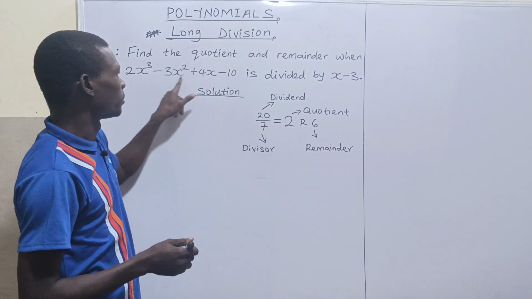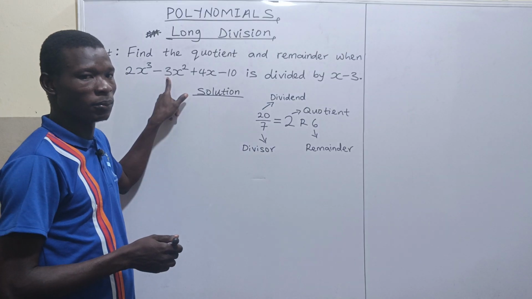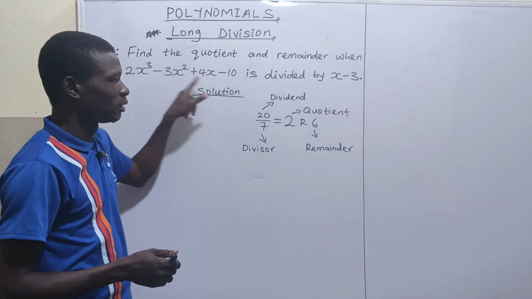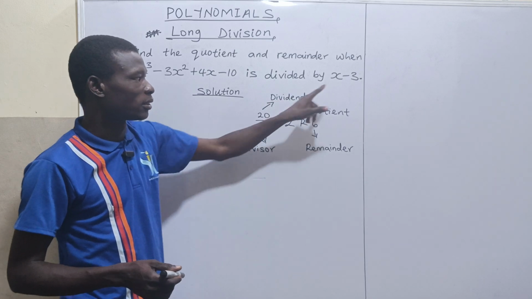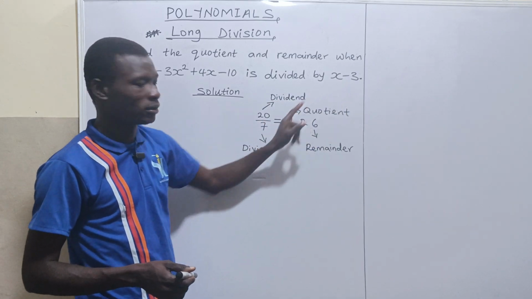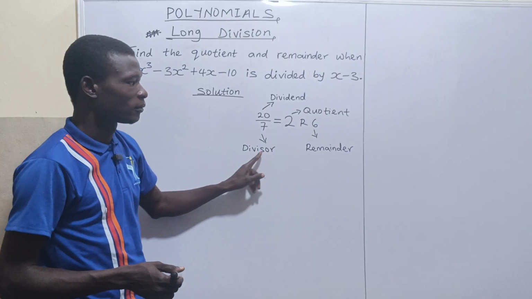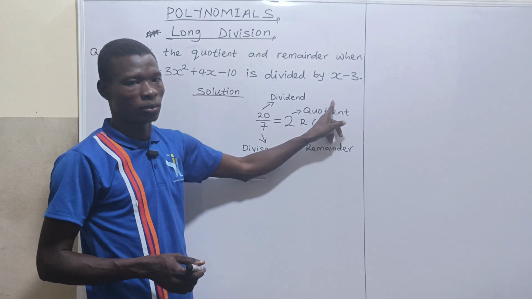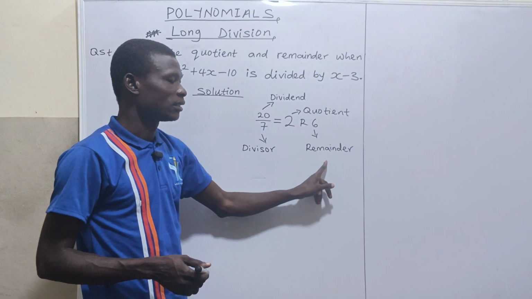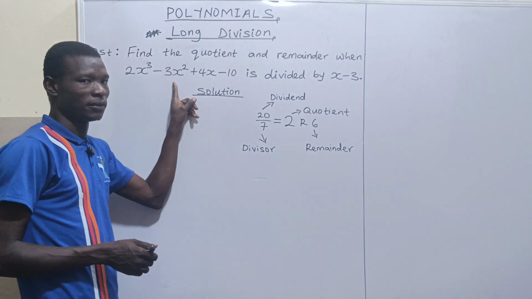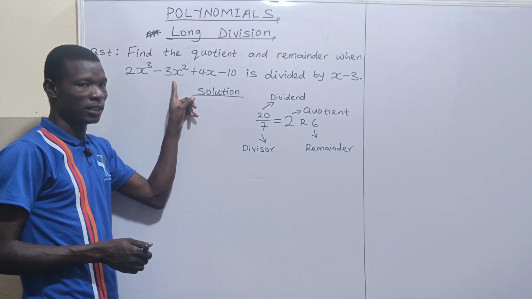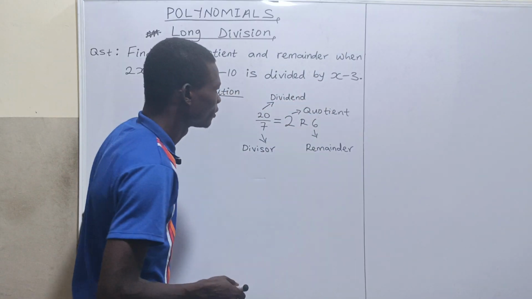So 20, which represents the polynomial with a higher degree, is called the dividend. 7, which represents the polynomial with a lower degree, is the divisor. 2 is the quotient, and 6 is the remainder.